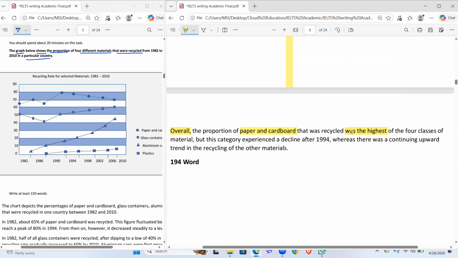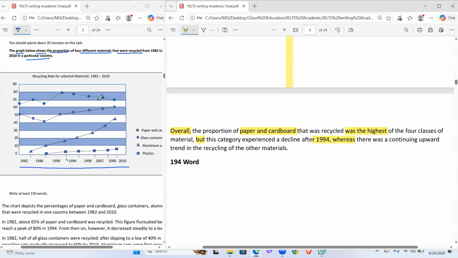Which tense is this? Past tense. Why past tense? Because it is talking about a completely past date. Of the 4 classes of material, but this category experienced a decline after 1994. Though it was the highest, there was a decline after 1994. Whereas, relative clause, there was a continuing upward trend in the recycling of other materials.